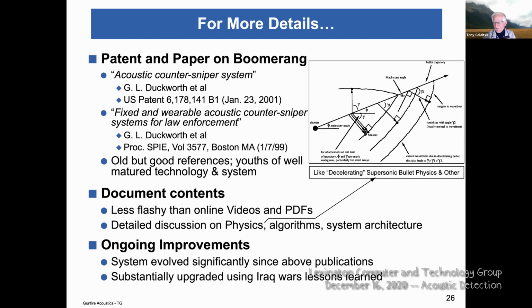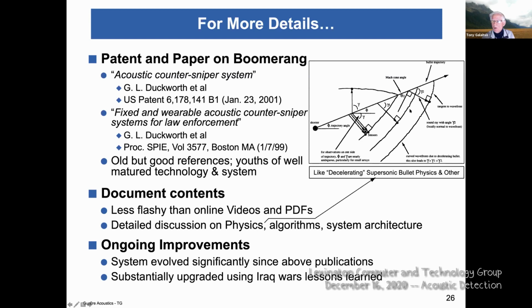If you want more details, you can go to a patent and a paper that were written about the Boomerang, for example, the US system. These are the true references. In those, you see a lot more math that defines how things get done. And you see a lot more about other physical features, like what happens when you have a decelerating subsonic bullet.